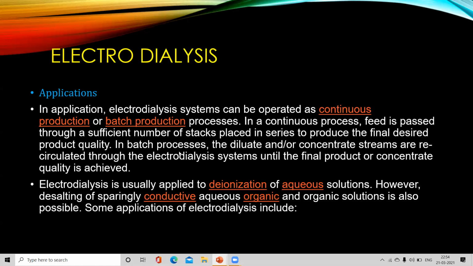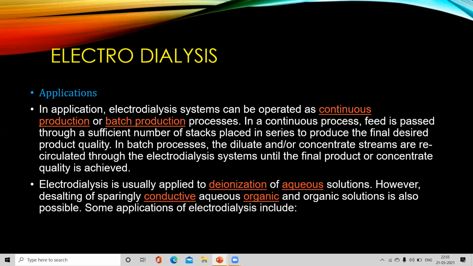In batch processes, the dilute or concentrate streams are recirculated through the electrodialysis system until the final product or concentrate quality is achieved.